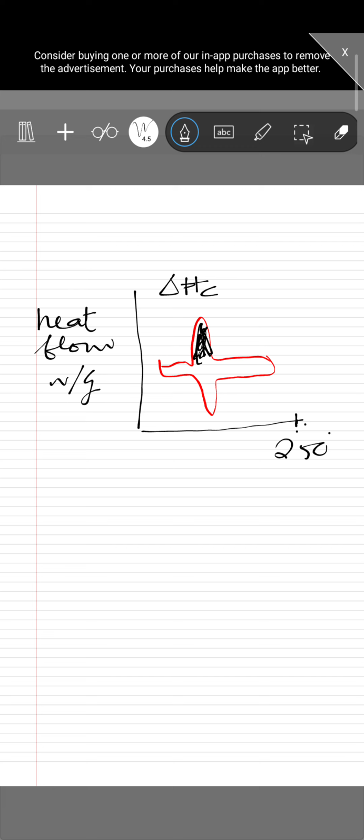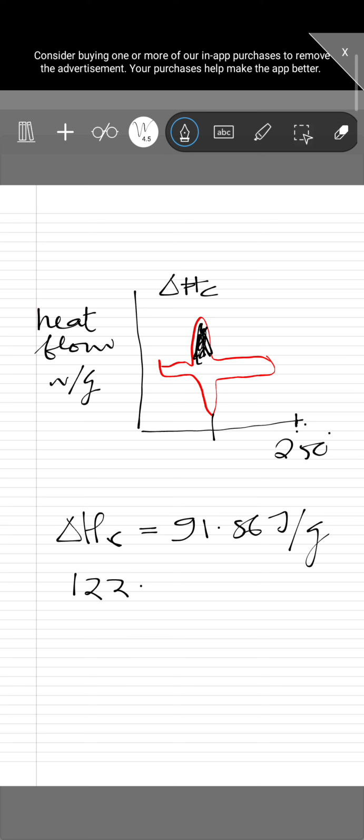For polypropylene it is approximately 91.86 joules per gram, and the temperature at which this occurs is 122.35 degrees centigrade, and this is obtained in run 2, where we are cooling it.